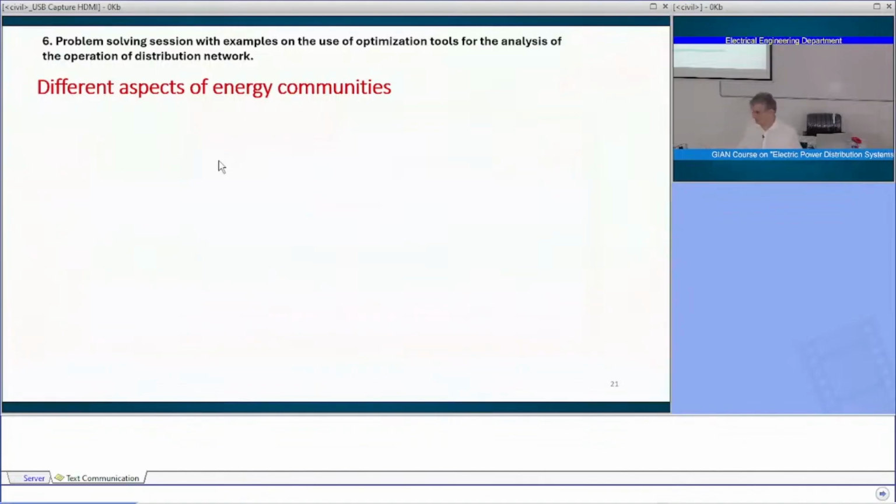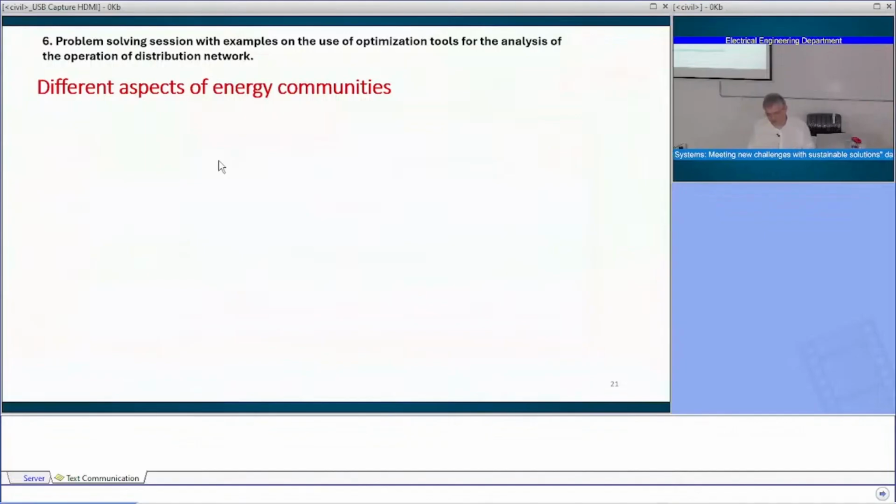generation to the users. This activity means that all the data of the users need to be shared with the owner of the energy community. So there is a privacy issue there because some of the users don't want to share all the data and also the forecast or their consumption or all the device.